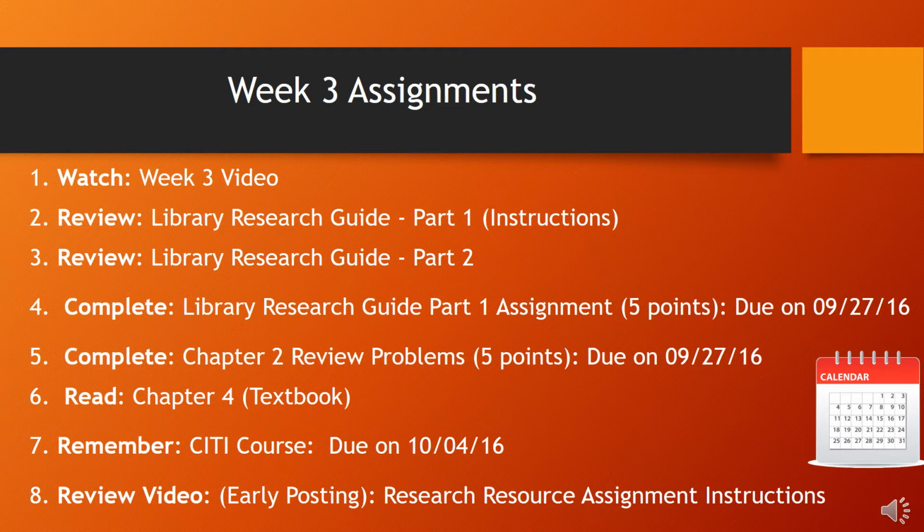I have also listed the guide on how to complete your research resource assignment that is due on October the 11th. I felt this would be a good time to peruse these directions while you learn how to navigate the library resources. I will list the assignment and post the same video in the Week 4 Assignments folder.